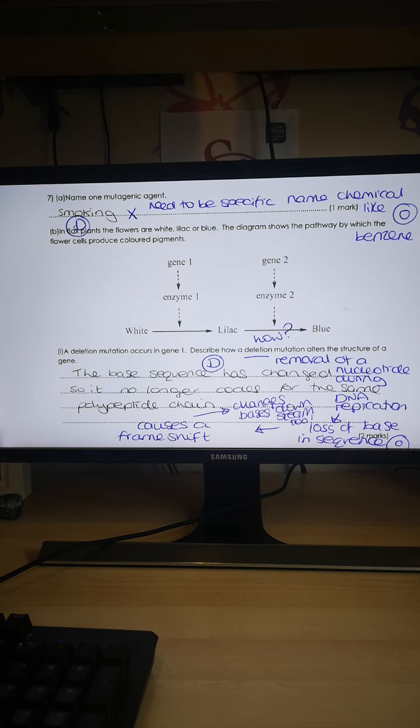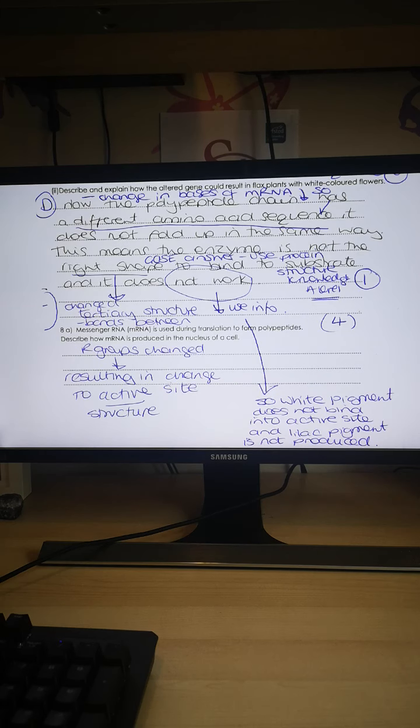So there's been a removal of a nucleotide during DNA replication, resulting in the loss of a base in the sequence. This causes changes downstream too. Because it's a deletion, there's a frame shift to the left. Can you see the difference in the detail level there? So that's what has to be there to upgrade their answer.